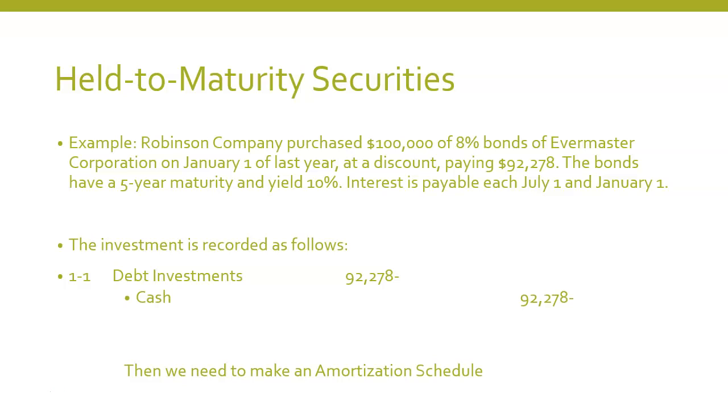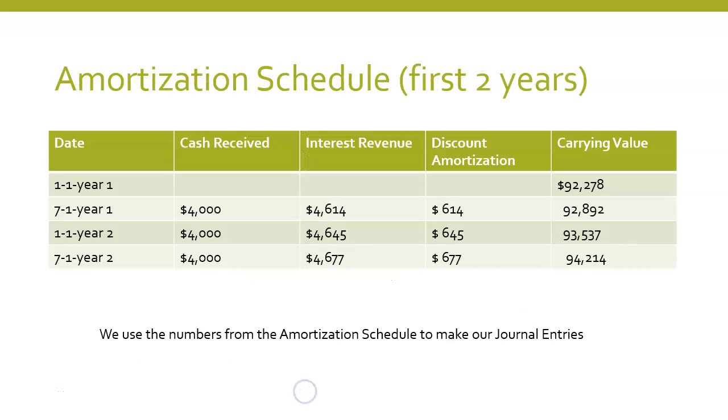Then they will get $100,000 paid back, redeemed from Evermaster Corporation at that time, 5 years from now. So we need to value this at the amortized cost, and so we need an amortization schedule.